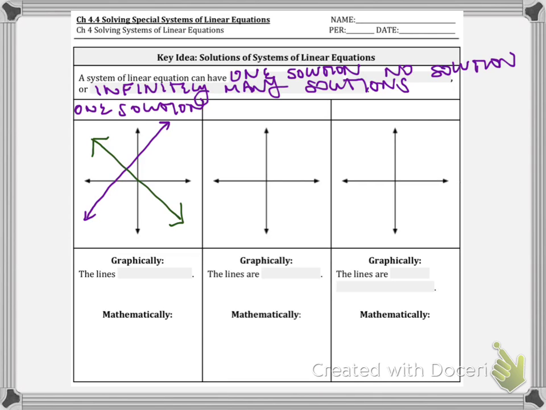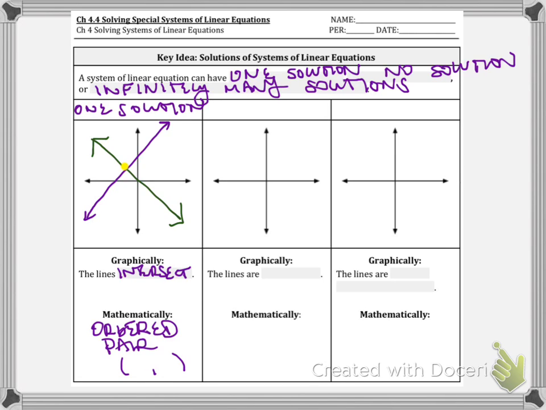So graphically, you would get lines that intersect. Now, if you were to solve this system mathematically or algebraically, you would get an ordered pair. That's what we've been focusing on. You get an ordered pair, and so you would have your x, y.